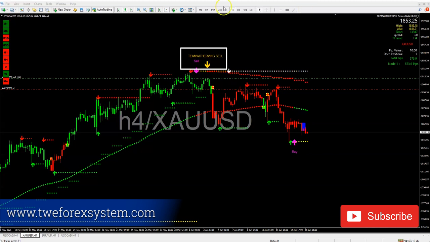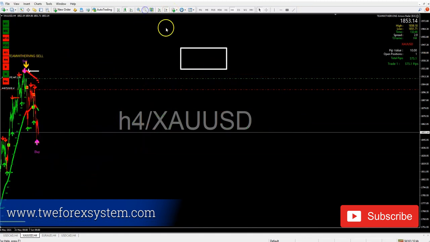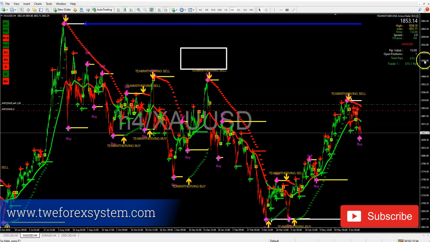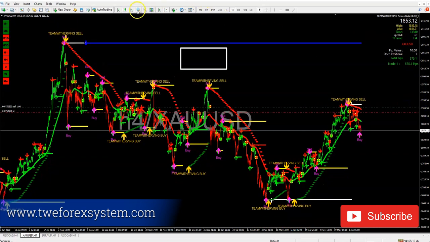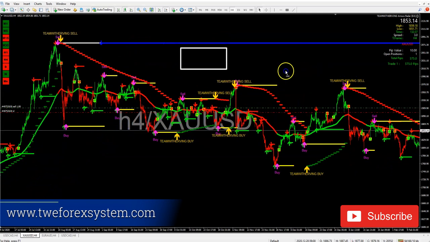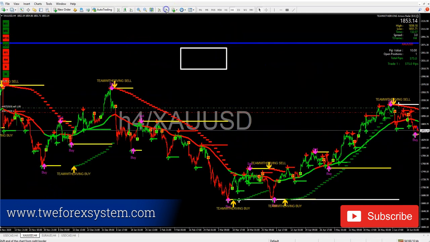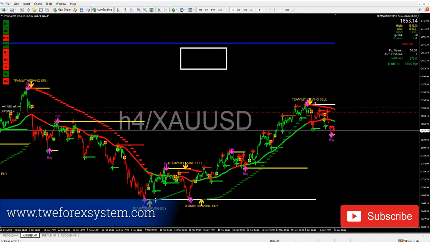Let me zoom out so you can see when the market gave us a bullish position. Let me see if I can make it a bit bigger. Hold on. There you go. Let me go ahead and delete this. So this is the market right now, guys, clearly telling us that we are selling.